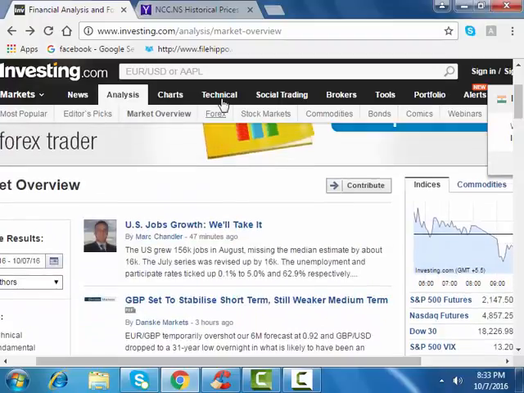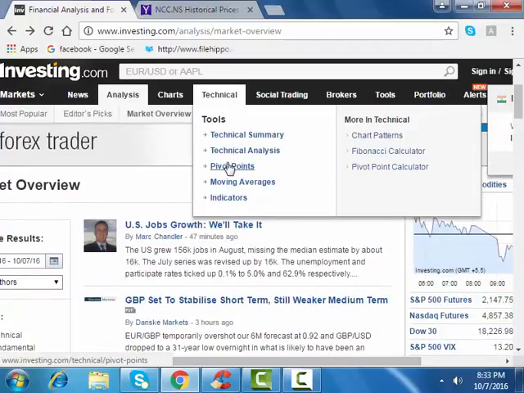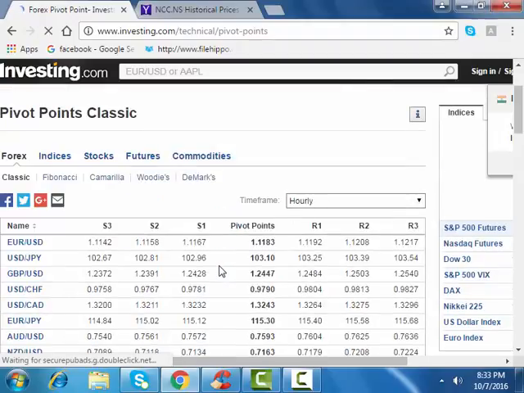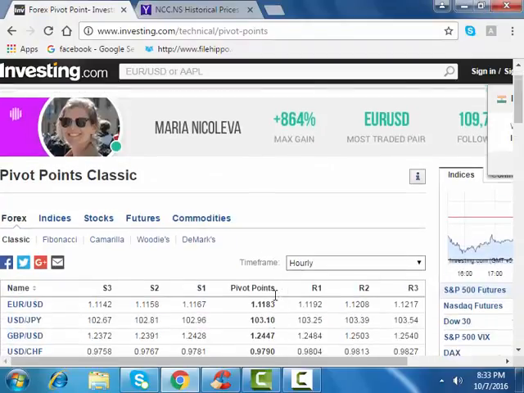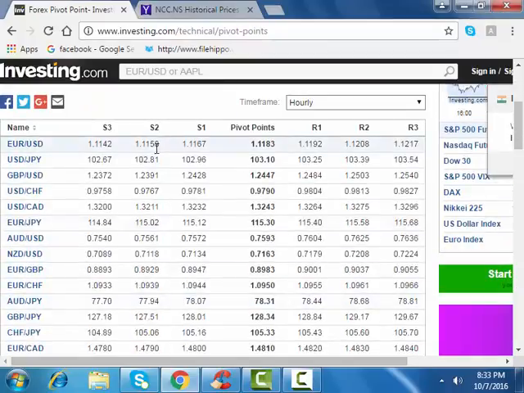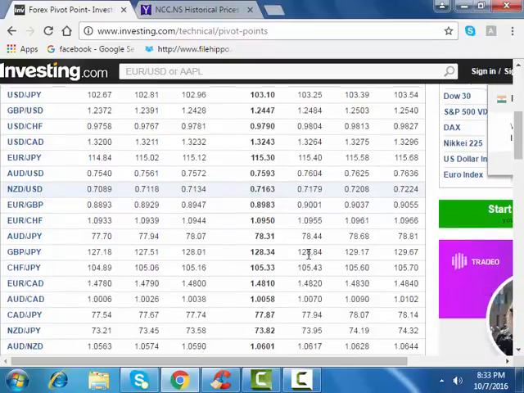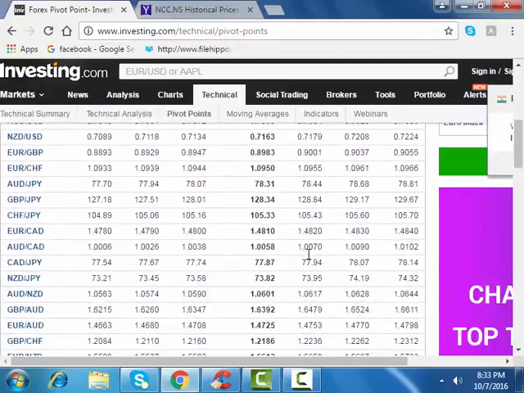See the technical column, you can see pivot points. USD INR, it is showing support, resistance, and currency rates, and the current price will be there, you can see.